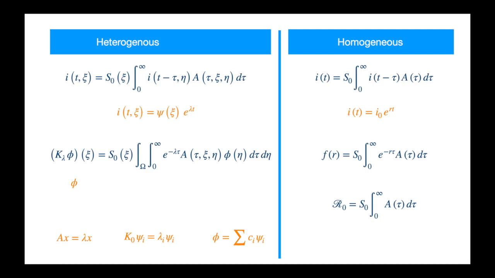You take the current distribution, apply the operator to it, and you will get the distribution of the next generation of infectives. Apply k again, and you get the next generation. So to get the distribution after n generations, you just multiply it by k n times. Then let n go to infinity and you will have the limiting distribution.